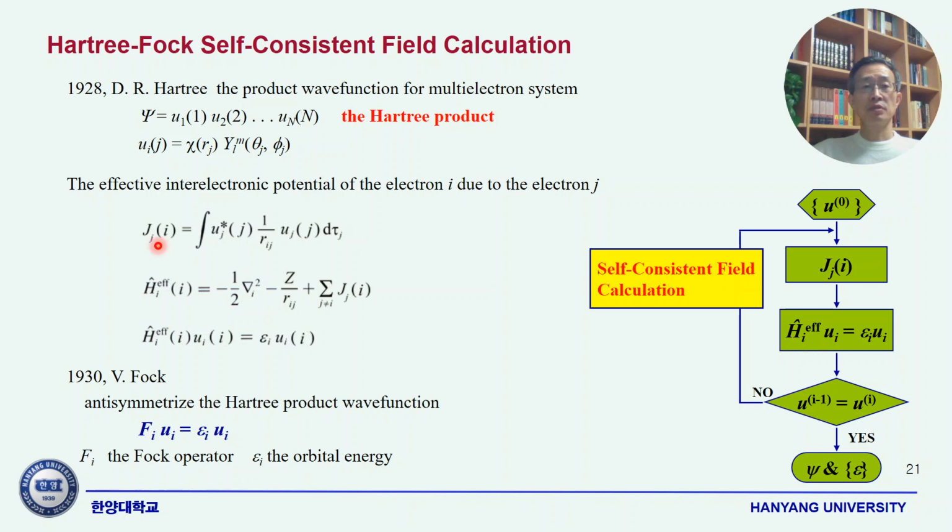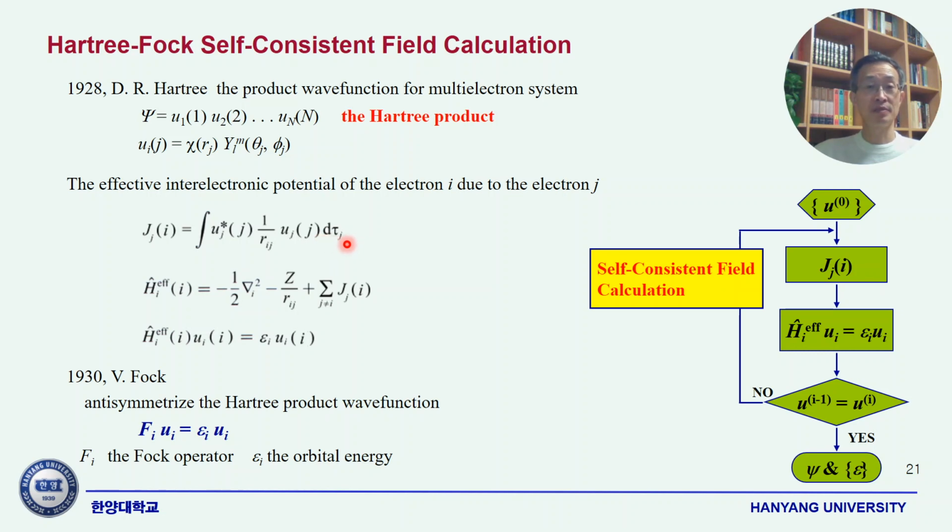Firstly, we compute the interelectronic potential of electron I due to all other electrons except I, of course. Using uJ, this is the interelectronic energy of electron I due to electron J.